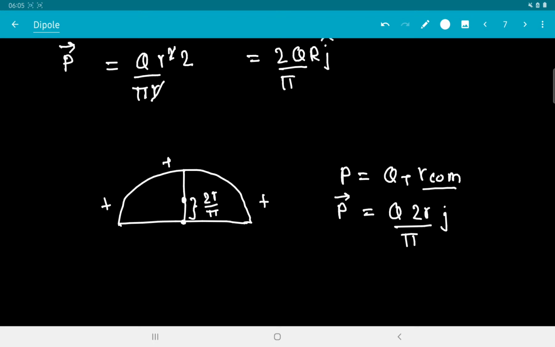So the center of mass concept can also be applied to find the dipole moment in some cases. In cases where the charge distribution is symmetrical, the charge is at the same distance from every point. Here we can apply the center of mass concept to find the dipole moment.